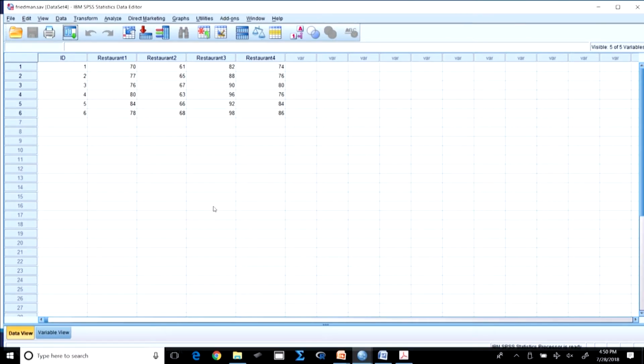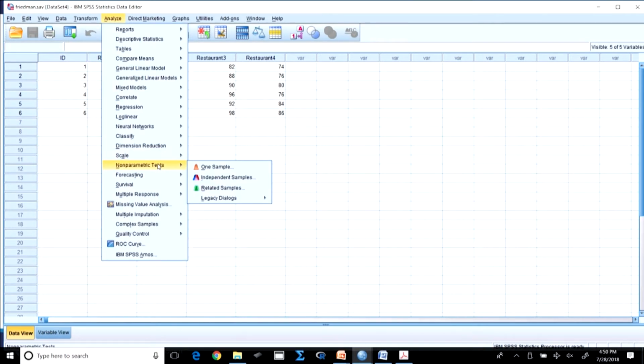So, this is the same case, 1, 2, 3, 4, 5, 6. The 4 restaurants are there, the scores have been given, and let us now do it. Go to Analyze, go to non-parametric tests. Now, what will you do? These are multiple groups, the same sample, but taken multiple times, 4 restaurants for the same people. So which one should I be using?